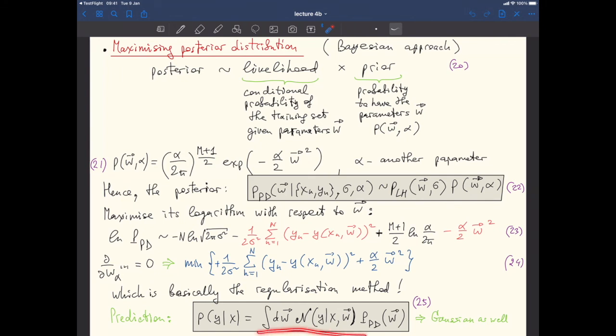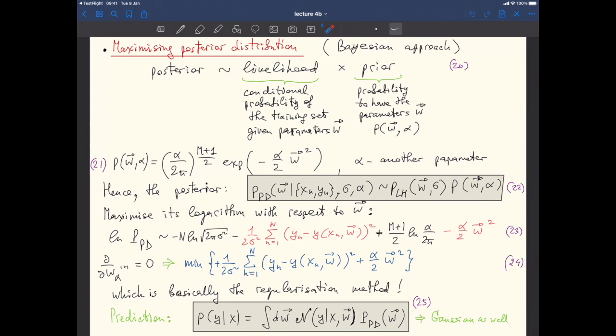And this formula is basically a formula of the sum and the product of probabilities. First of all, we sum over all probabilities because we integrate over W. On the other hand, for each particular W, we have a certain probability for it to be, and this would be a Gaussian for a certain prediction y at the given x, given these values of the parameters W. So this is a conditional probability.